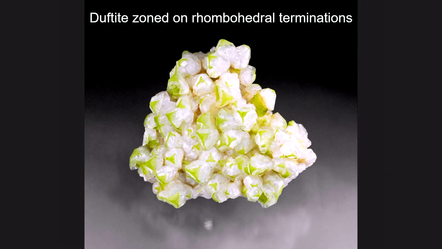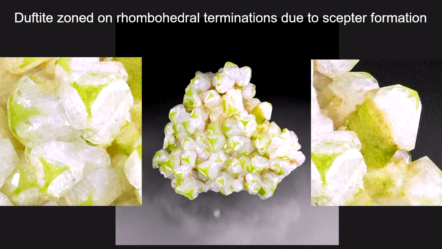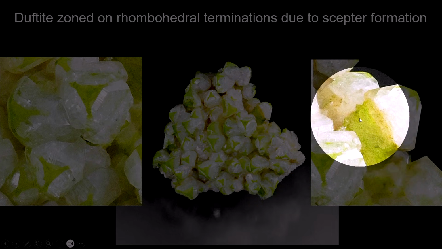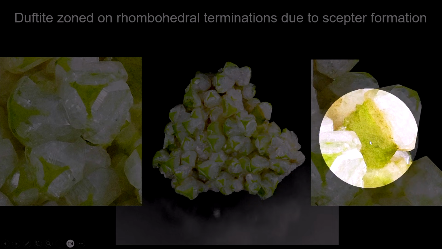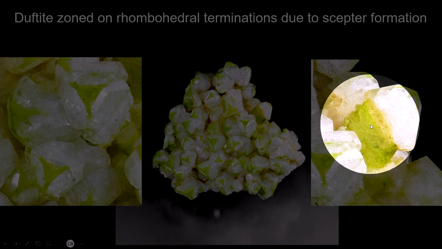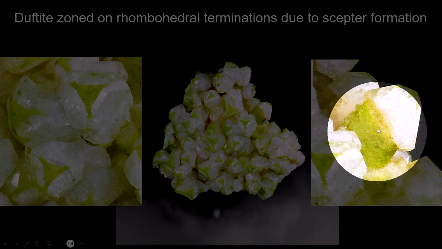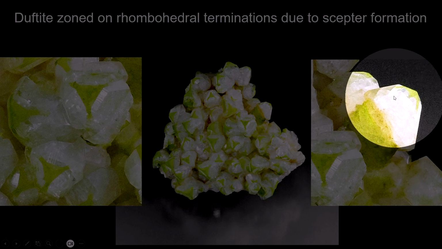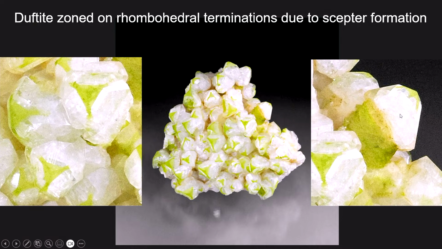So here we see another example of duftite that is zoned on the rhombohedral terminations, and a close-up picture really helps explain what's going on here. We look at the crystal here, and the prism faces of the calcite have been coated with duftite, but then what you have is a second generation of calcite at the apex of the crystal, which is forming a kind of a scepter shape.